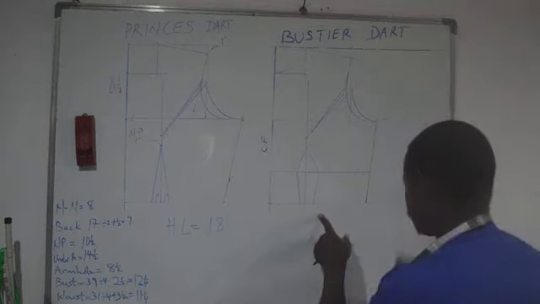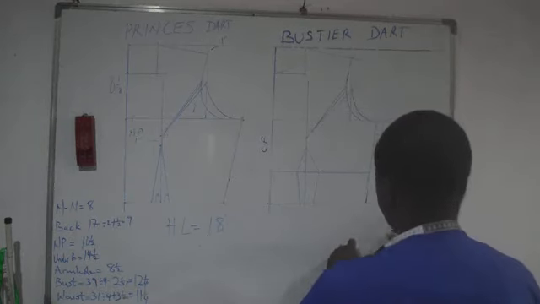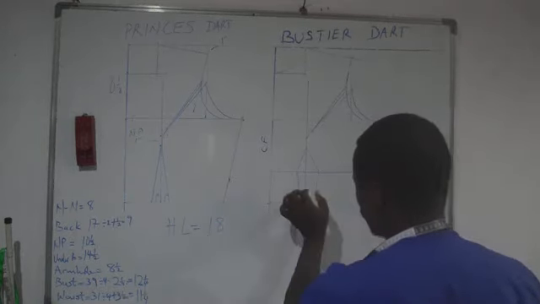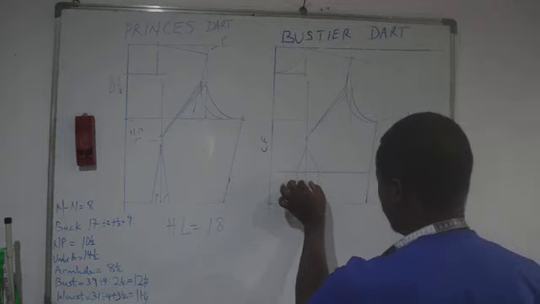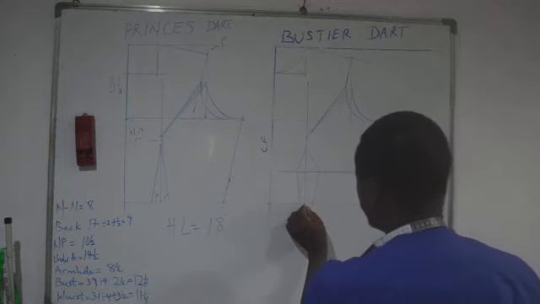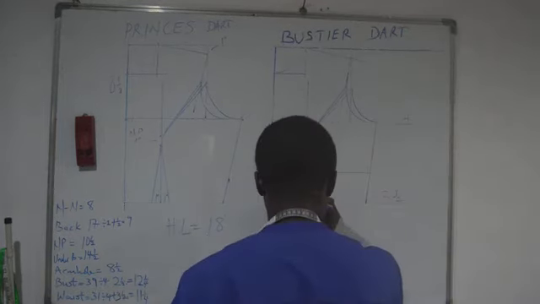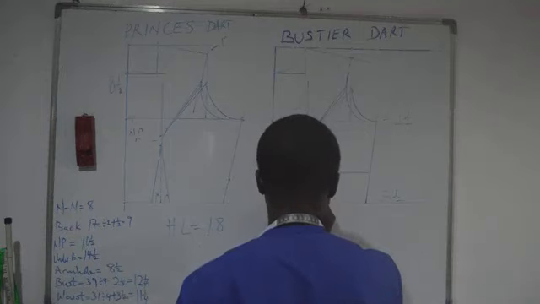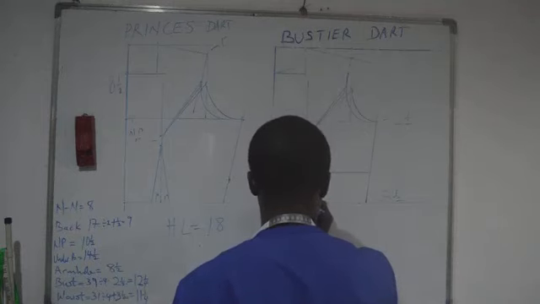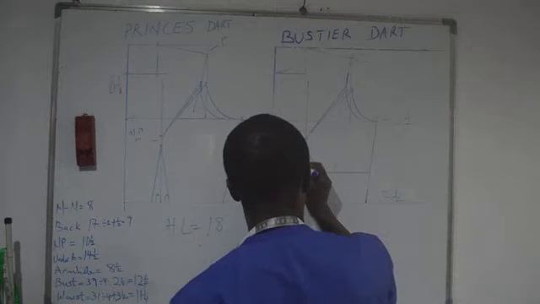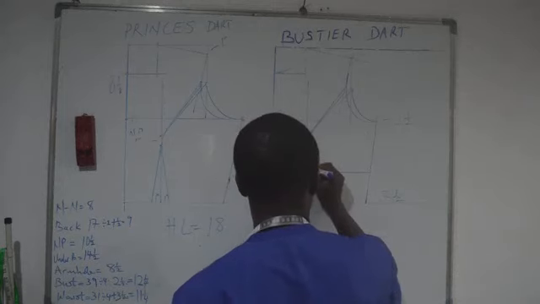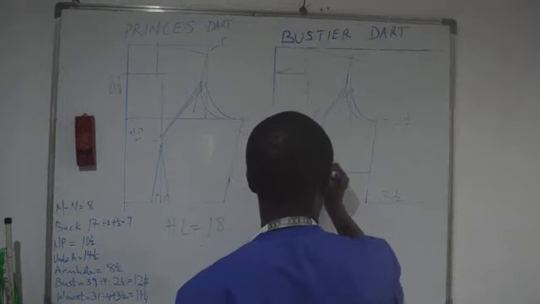While here, we need to add this 3.5 because of what we are suppressing here. Here we remove half, 1 inch here, 1 inch here, 1.5. I mean 1 inch here. Here is half an inch. Here we remove 1 inch. Here we remove 1.5.